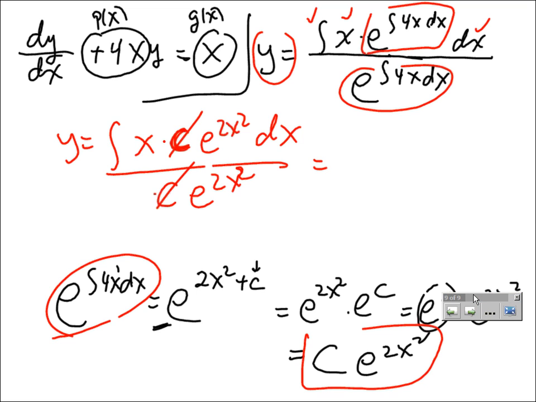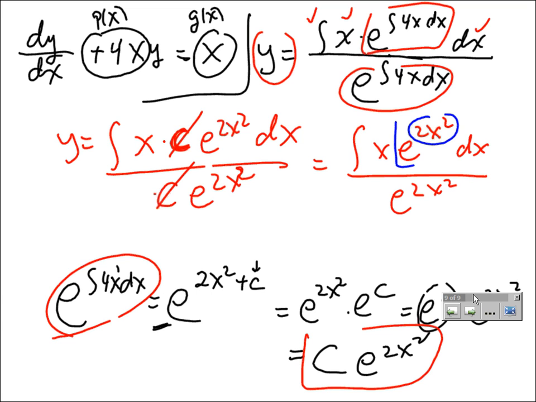So let's write down what we have. X e to the 2x squared dx over e to the 2x squared. Now, if I were to call this u, then this piece would be e to the u. It'd be the integral of e to the u.